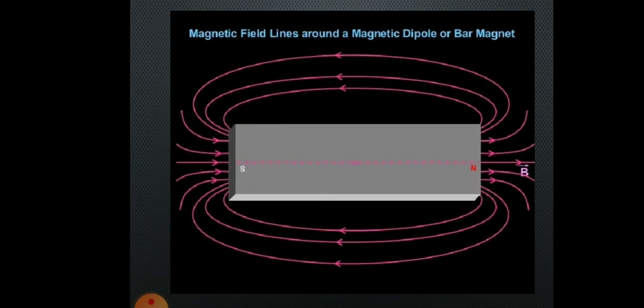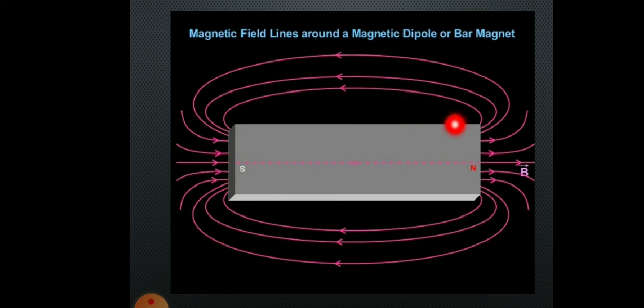So these two properties of magnetic field lines you have understood. They emerge from North Pole towards the South Pole outside the magnet. Inside the magnet it is from south to north, and it is a closed curve, okay? Another thing, it has both magnitude and direction. It is a vector quantity.